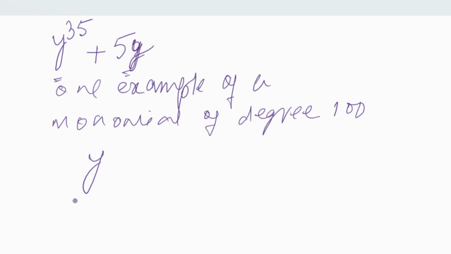So here I'll take only one term. I can take x, y, z, t, whatever you want. So I'll take y, any variable, and the degree should be 100, meaning the power should be 100. So this is my answer.